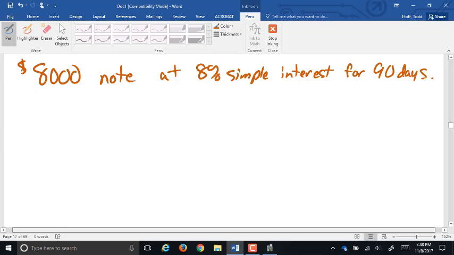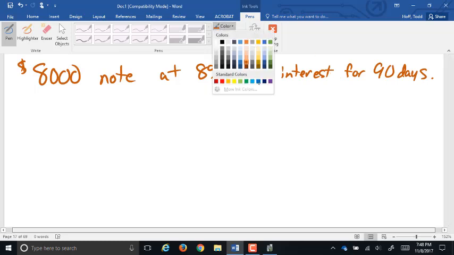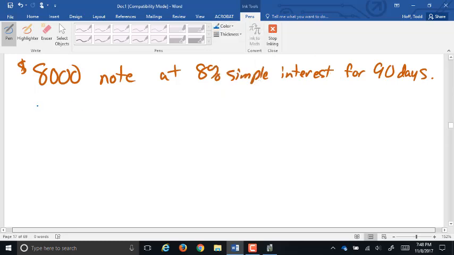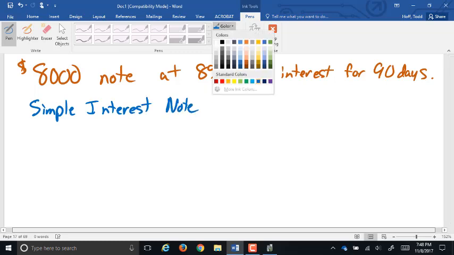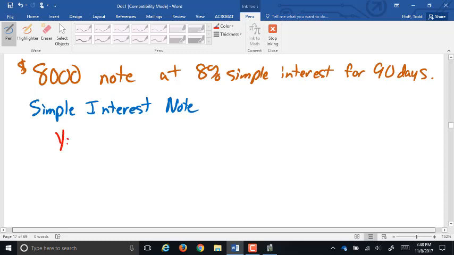Now, I don't say exact or ordinary, so we assume ordinary, 360. A simple interest note, which is what we've been talking about. You receive how much money? $8,000.